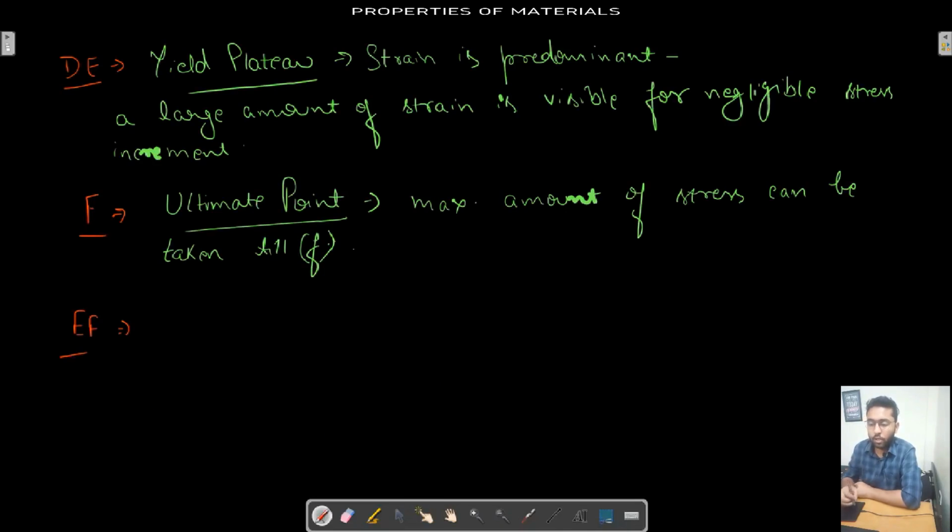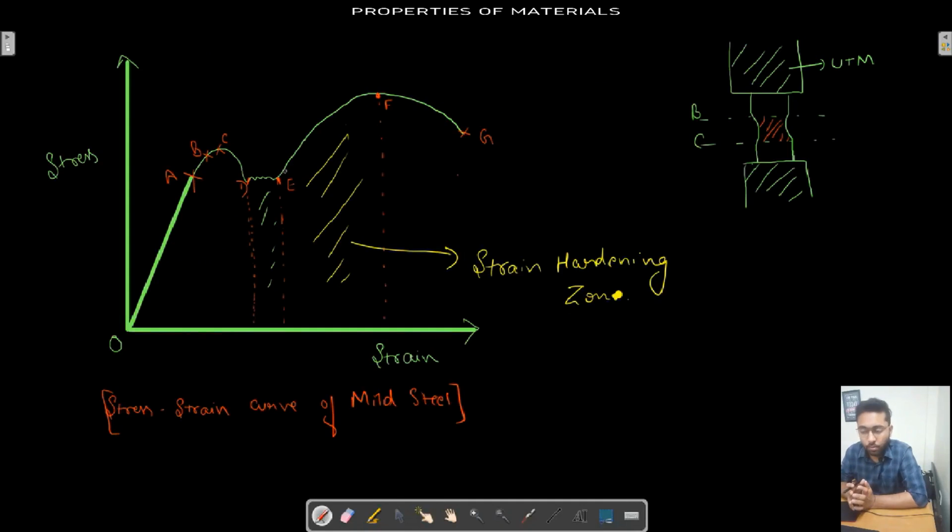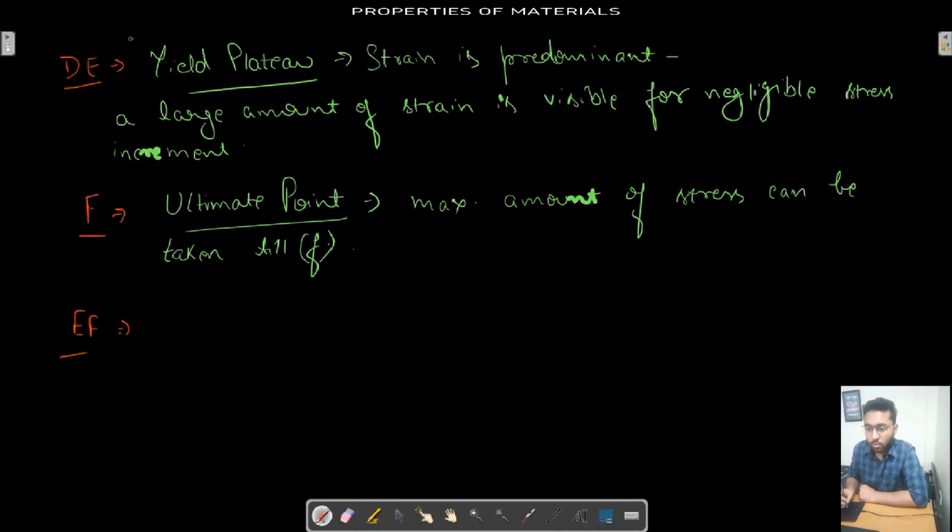So what happens actually is that when the material reaches its point E, some sort of plastic arrangement is observed, and due to that plastic arrangement, the strength capacity of the material increases, or we can say the load carrying capacity of the material suddenly increases. So this is called the strain hardening zone.